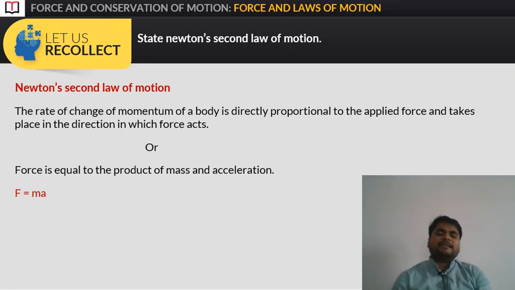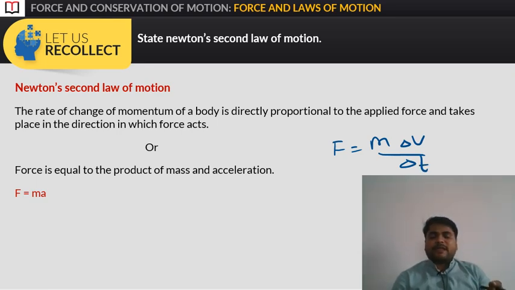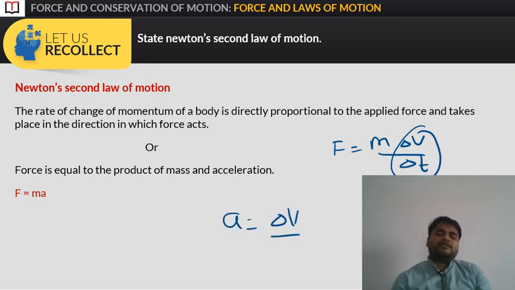So we can say that F is equal to m delta V upon delta T. It means if a force is applied on any object, the rate of change of momentum of the object is directly proportional to the force. So F is equal to m into delta V upon delta T. We know that acceleration is the rate of change of velocity.